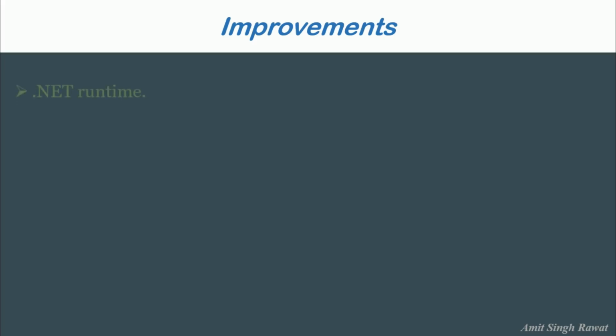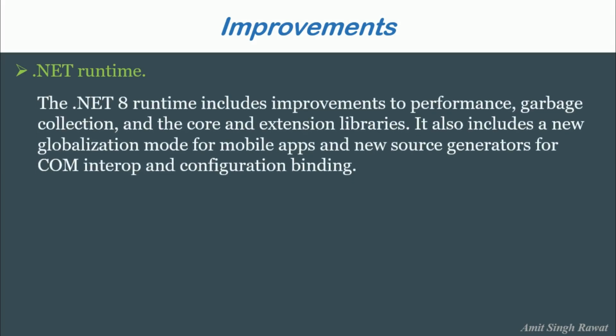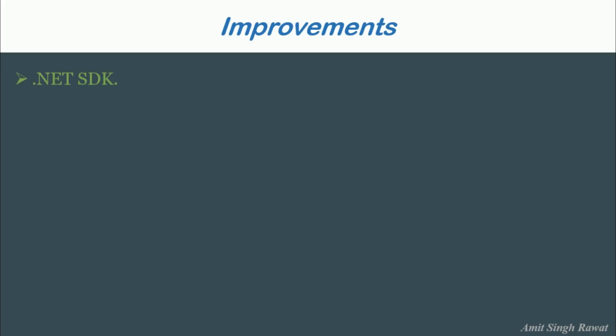So first is .NET Runtime. As per Microsoft, the .NET 8 runtime includes improvement to performance, garbage collection, and the core and extension libraries. It also includes a new globalization mode for mobile apps and new source generator for COM interop and configuration building. Next is .NET SDK.